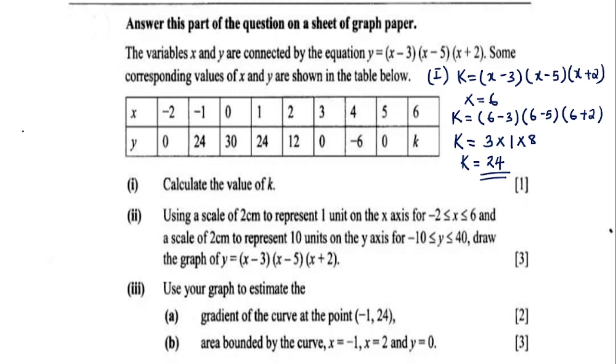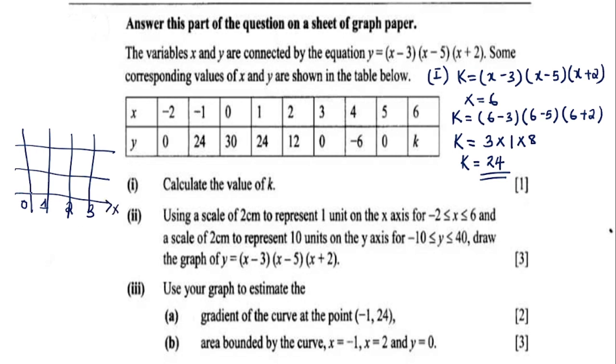Remember, if these lines here are representing 2 centimeters, it means that if here it is 0, here it will be 1, there it will be 2, there it will be 3. That is for the x-axis. Then for the y, if this is 0, that will be 10, and that will be 20, and so on.